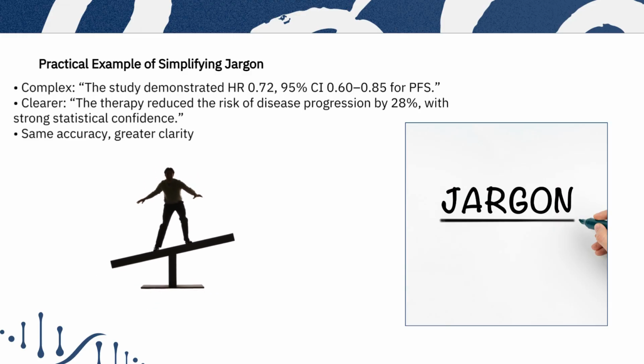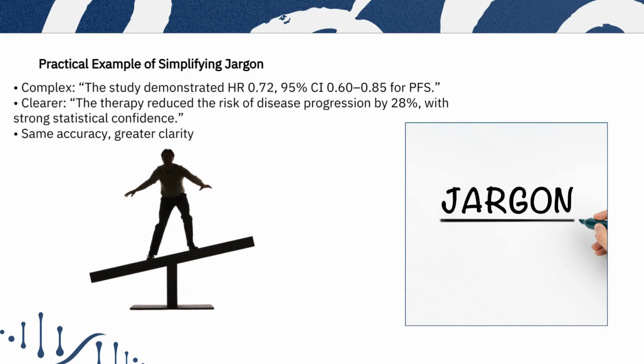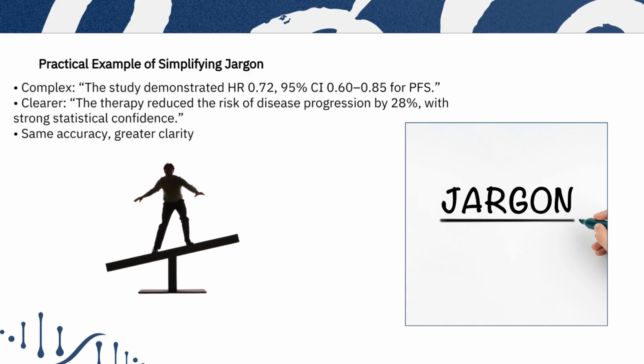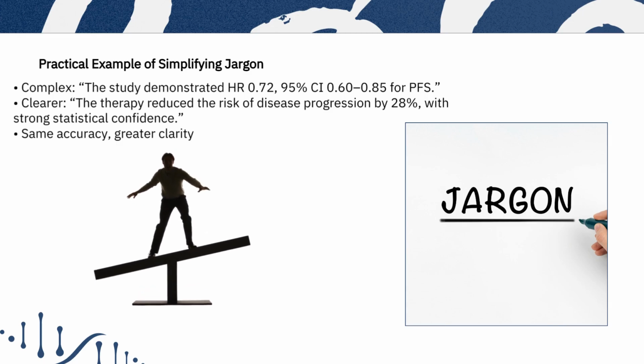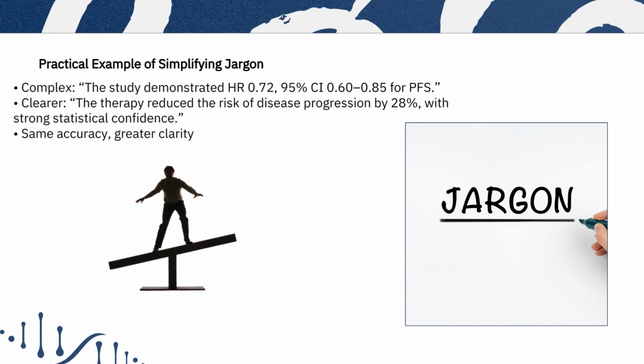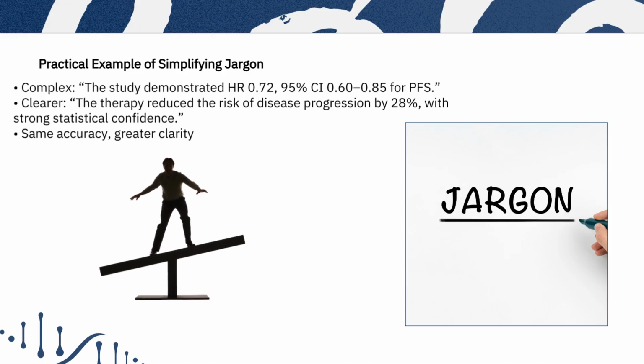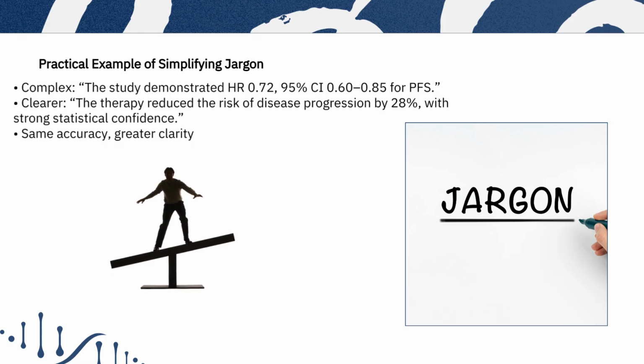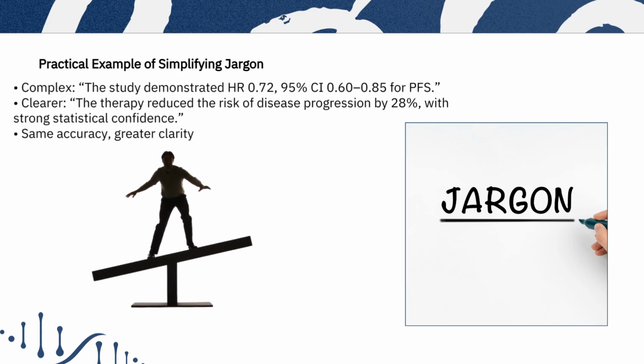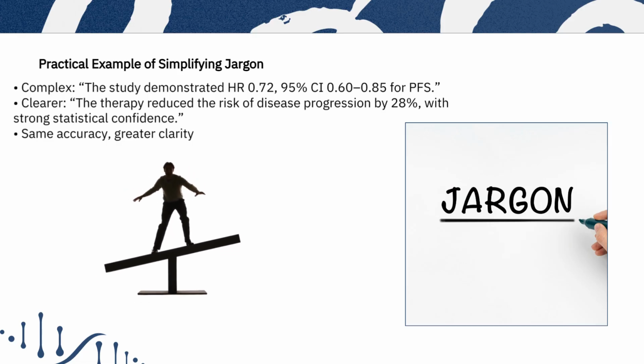Instead, you could write, "The therapy reduced the risk of disease progression by 28% with strong statistical confidence." See the difference? Same accuracy. The numbers are still there, but the meaning is brought forward in plain language. That's the balance we need to aim for. Keep the science intact, but make the message easy to digest.